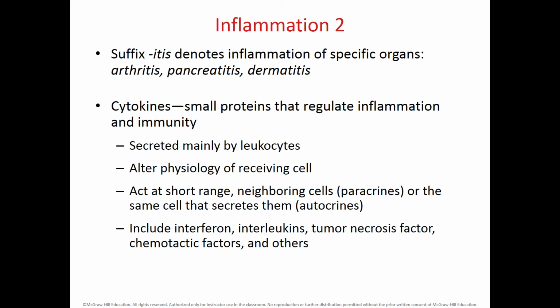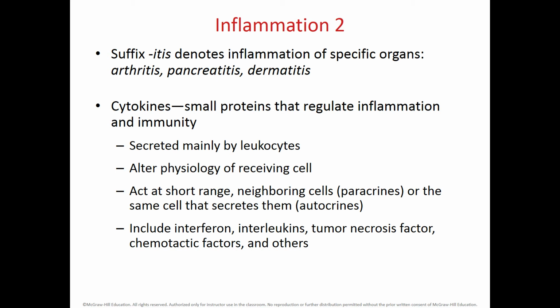Cytokines are chemical messengers. They are mainly secreted by the leukocytes, and they will alter the physiology of the cells that receive them. If a cytokine acts on neighboring cells, this is a paracrine signal.